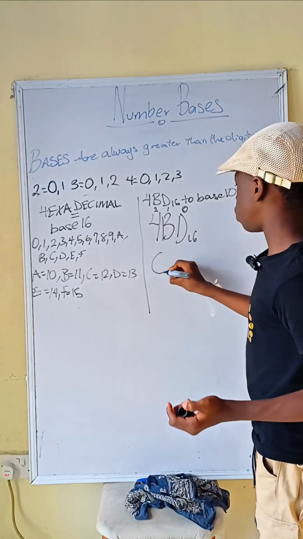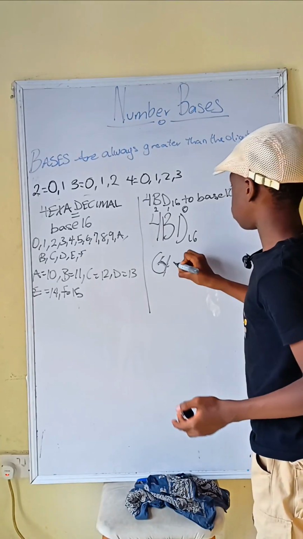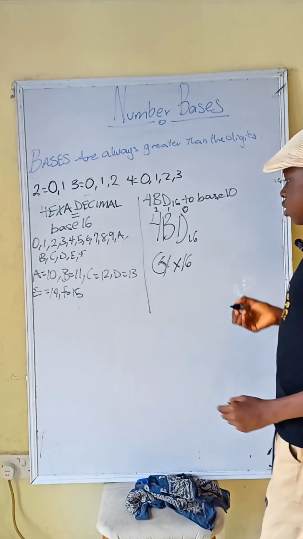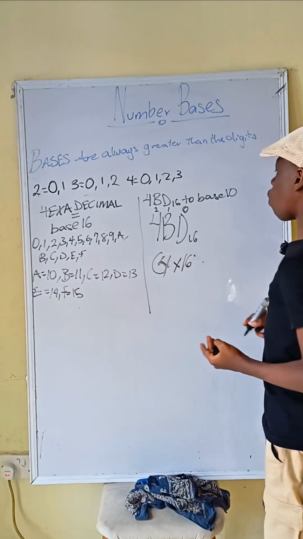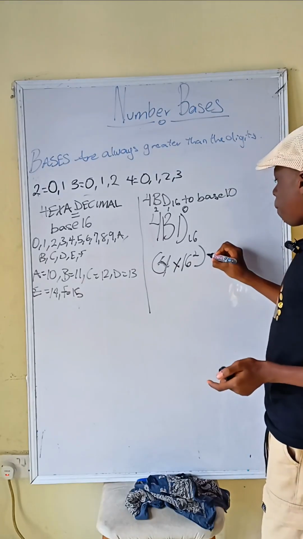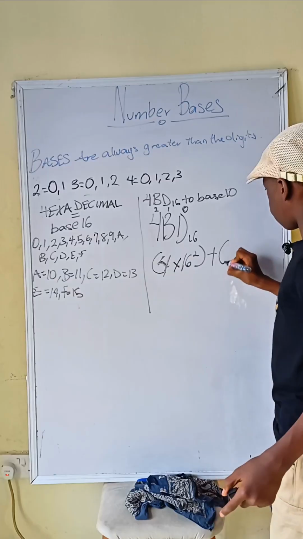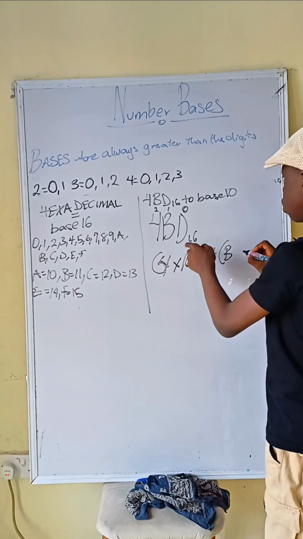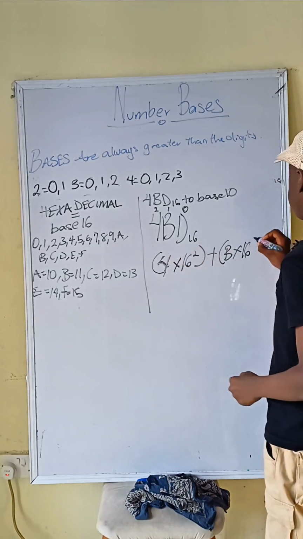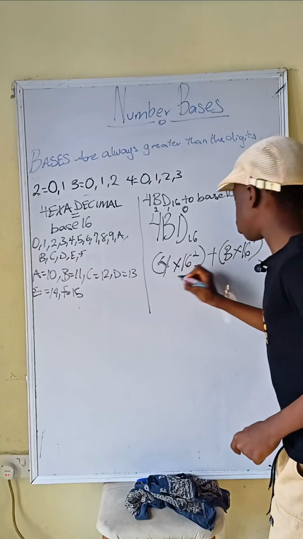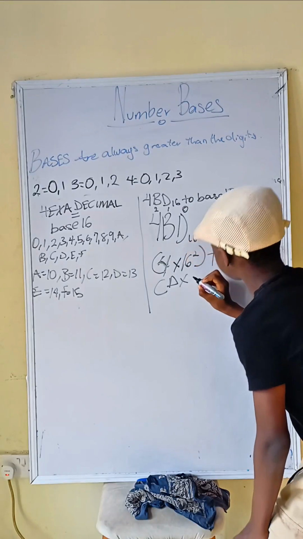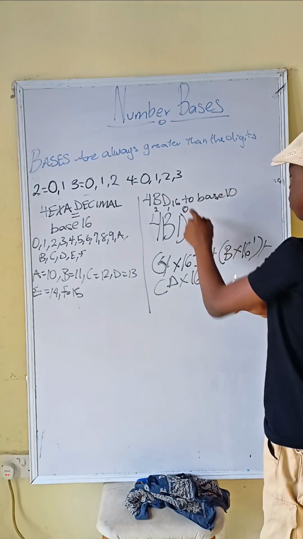So we open bracket 4 times, what's the base? The base is 16. What's on top of 4? 2. Close bracket plus B times the base 16. What's on top of B? 1. Plus D times 16.